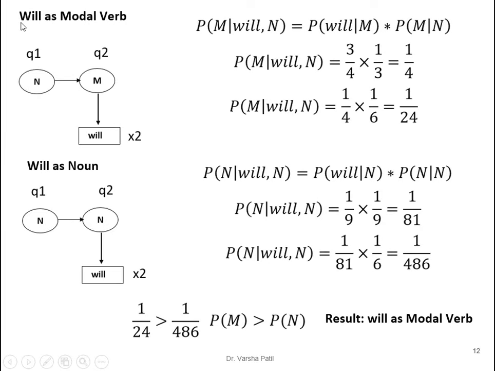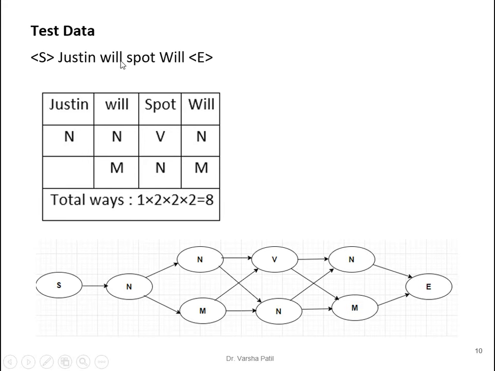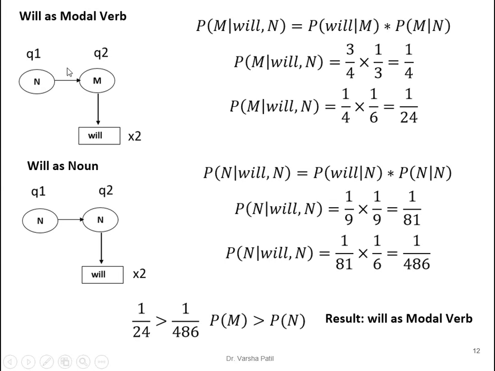Now the next word is will. For example, Justin will. Now here the problem comes, because will belongs to either noun or modal verb. Now we require to do it for two paths, will as a modal verb and will as a noun. The previous is our noun, Justin, and this is the second word, will, of which we have to determine the part of speech tag. That can be M or that can be N, and the previous state is N with 1 by 6 probability.